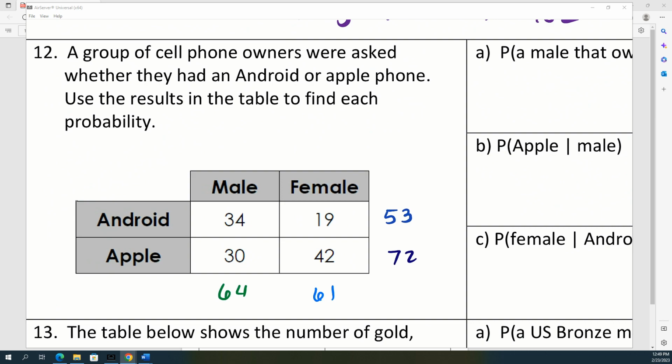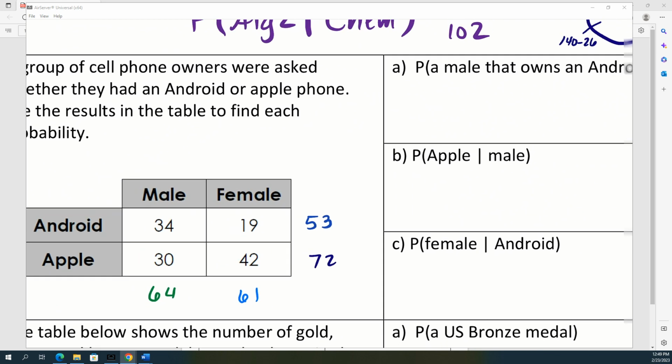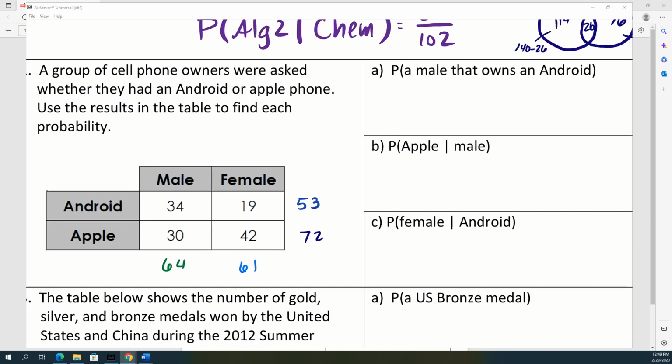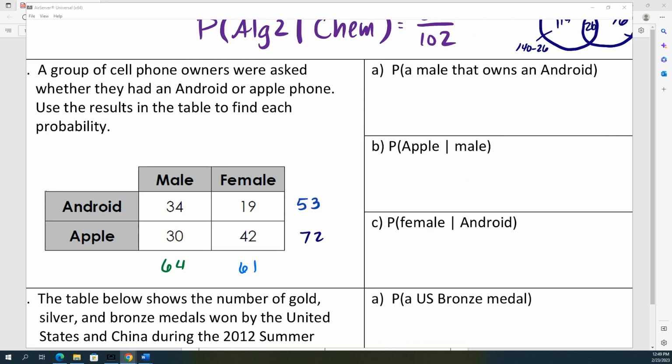All right, so we're going to look at A. This A says that we want the probability if somebody is selected from this group that is a male that owns an Android. Now, are we talking about just a certain row or column, or are we talking about everybody? We're talking about everybody.